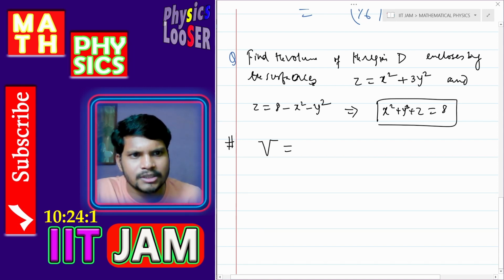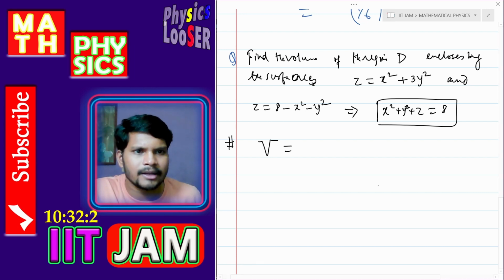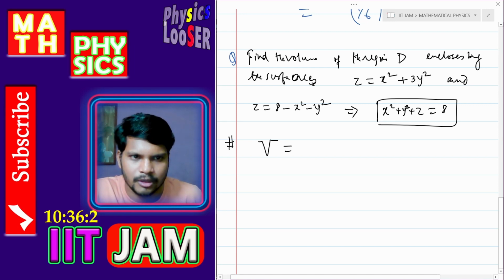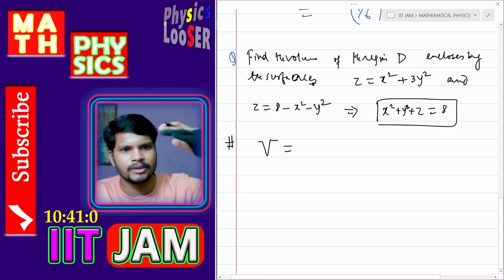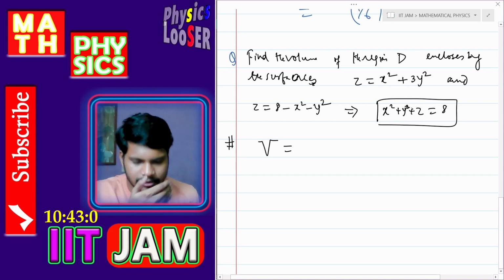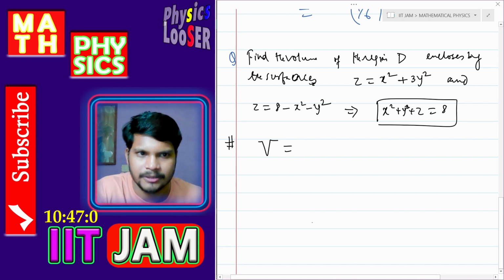So you can see that this is not a cylindrical equation, correct? It has a cylindrical type of characteristic, where the circle is evolving linearly, correct? So the shape will become more of a conic type of shape.